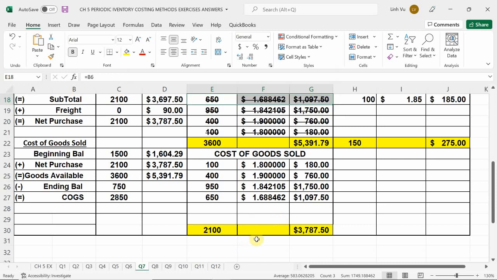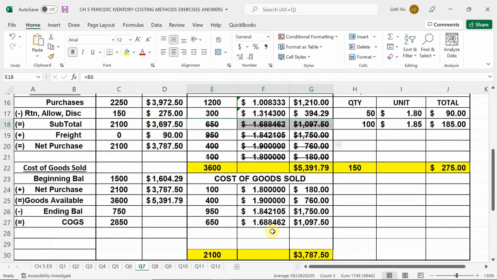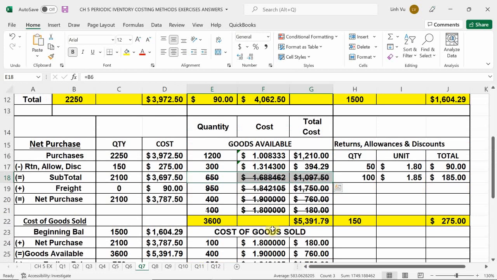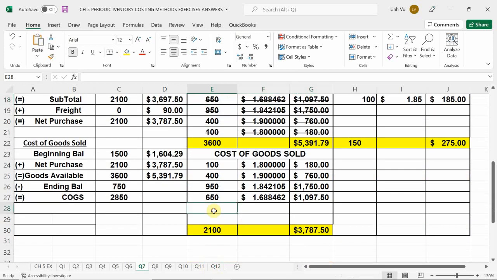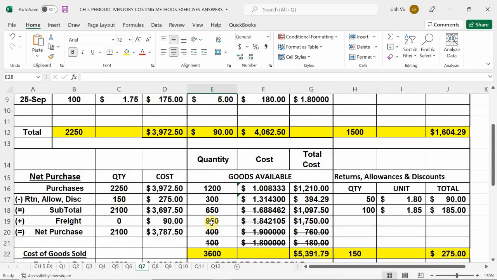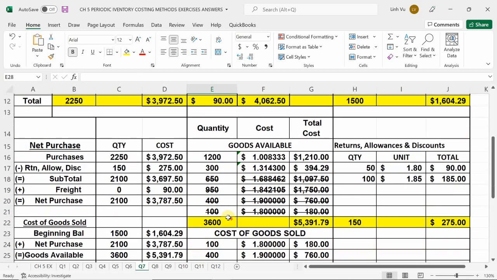Okay, so we're at 2,100. We need how much more to sell? 750. So in this case, which batch of inventory are we going to dip into next? The 300.